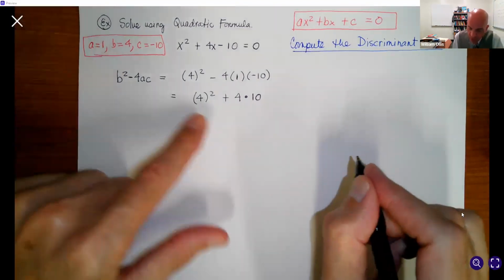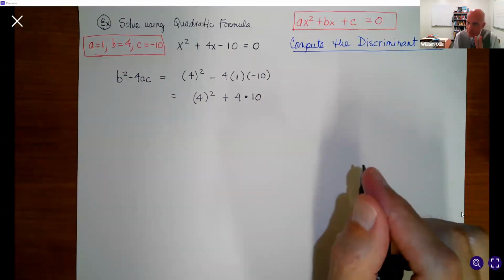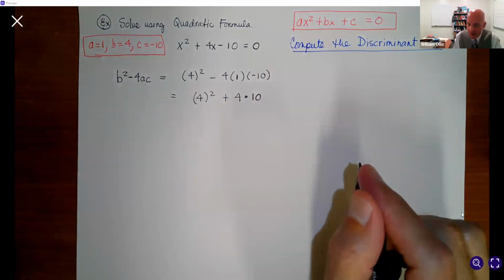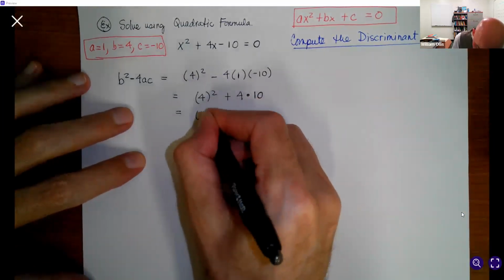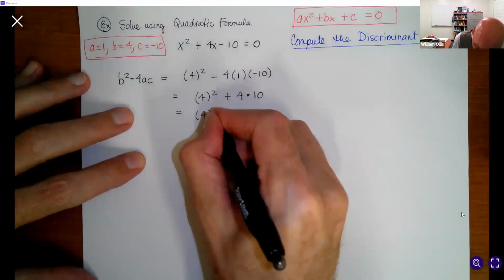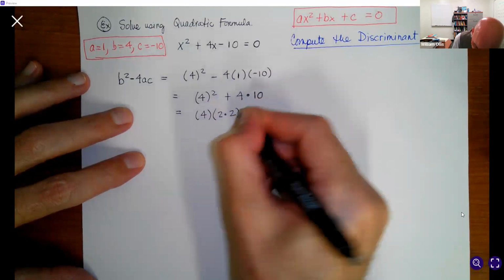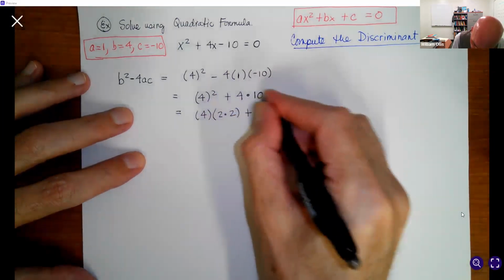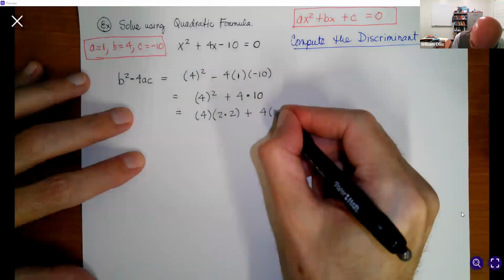plus 4 times 10. Now, at this point, you could just simply add these numbers. And we're going to do this 2 ways. I'm going to add the numbers, and then I'm going to factor it because I want you to be able to factor well. Notice this is 4 squared, which is 4, 2 times 2. And this is 4 times 2 times 5.